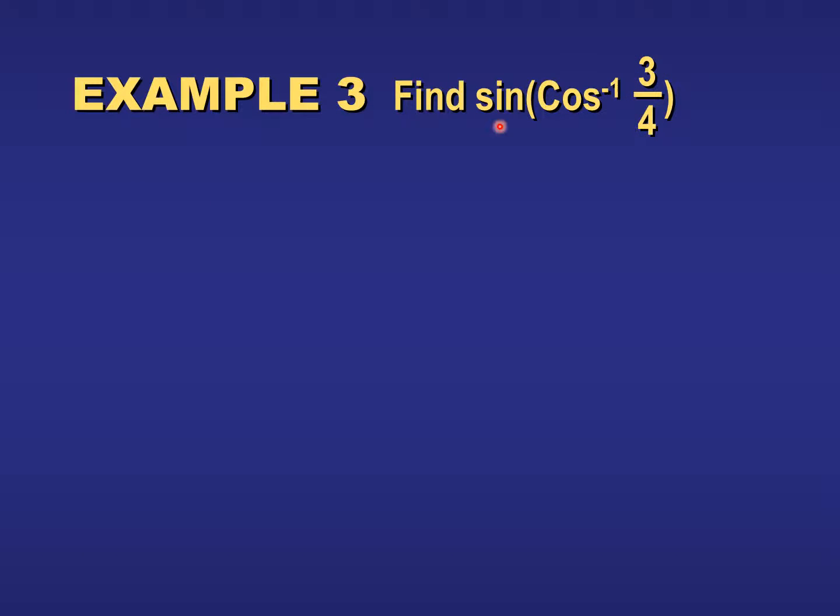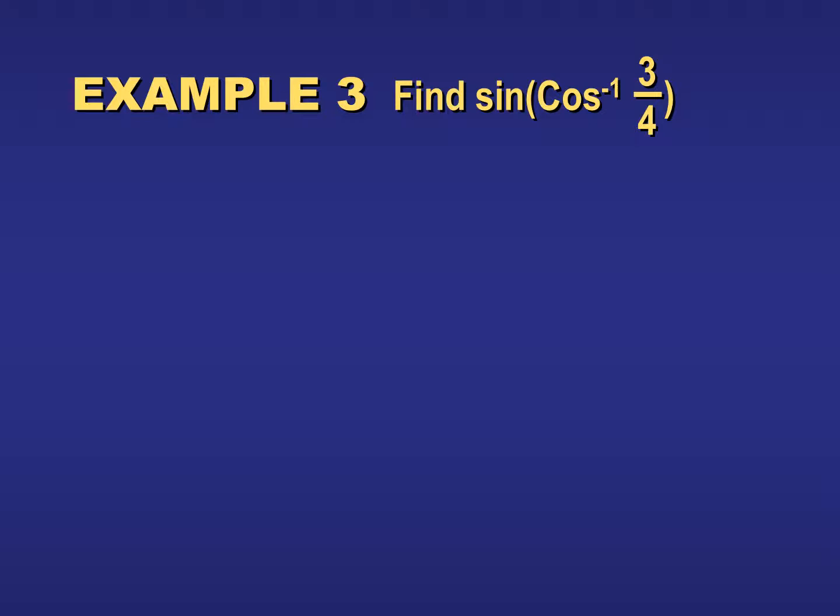So here's an example where it's not an easy trick. You have sine and then cosine inverse. So again, work from the inside out. Cosine inverse of 3/4. So what angle gives us 3 over 4? This is not a special angle, because remember all of our special angles are either the square root of 2 over 2, the square root of 3 over 2, one of those answers.